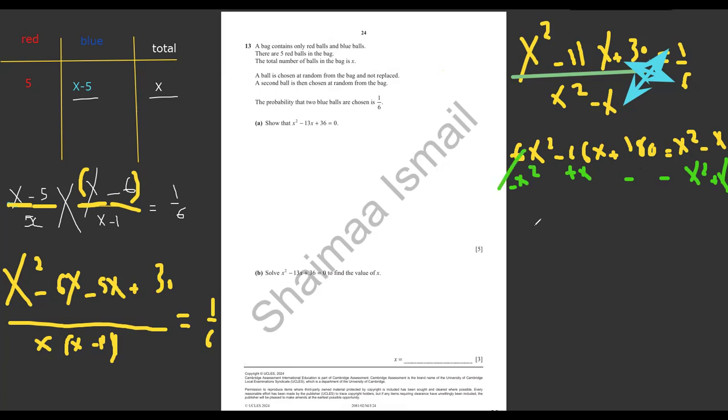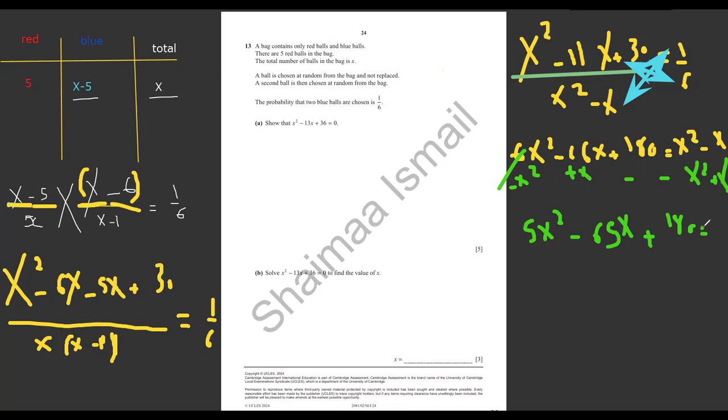So this will be 5X squared minus 65X plus 180 equals 0.